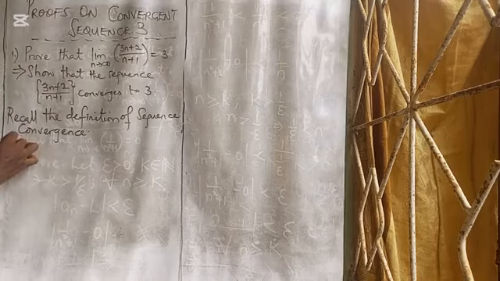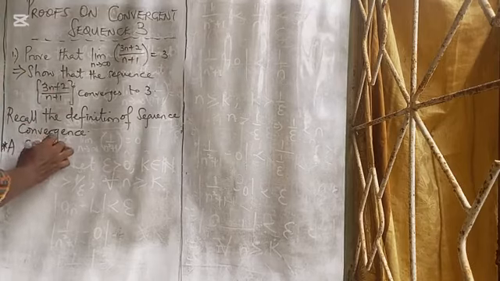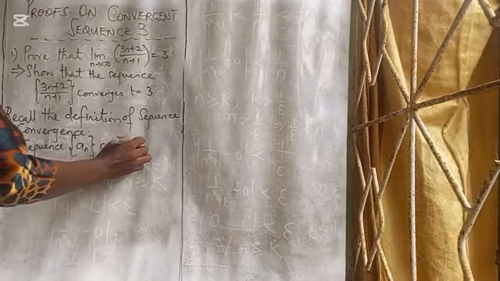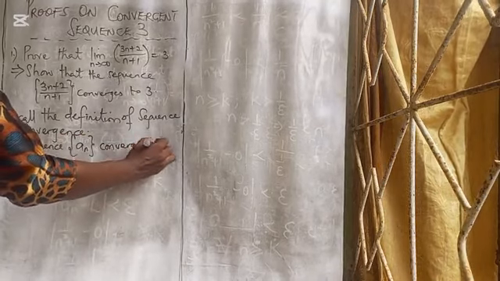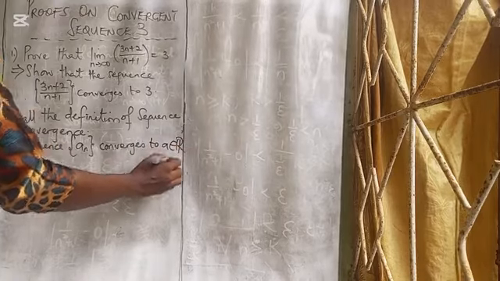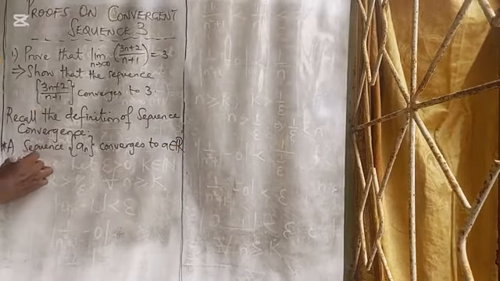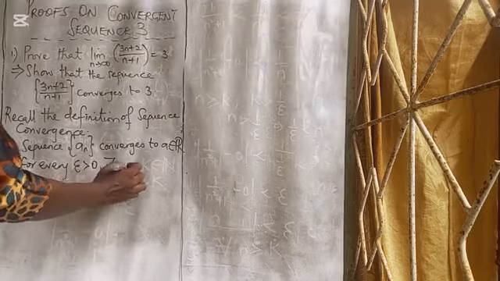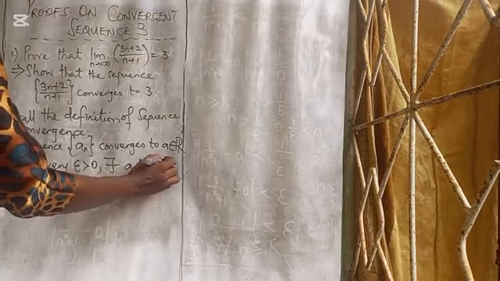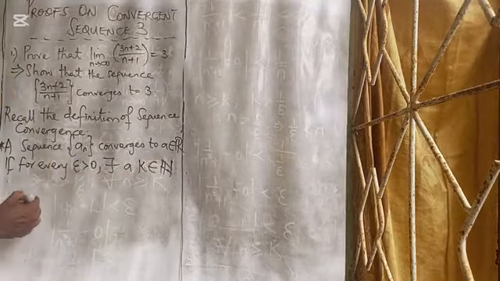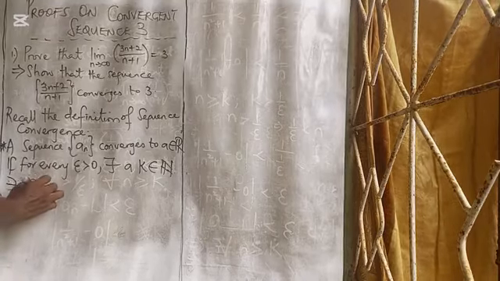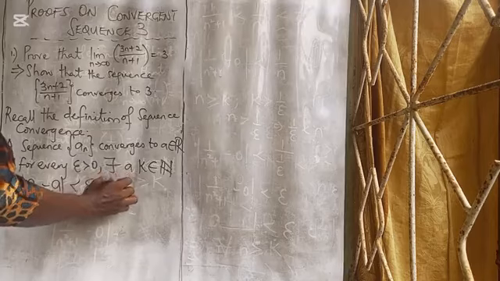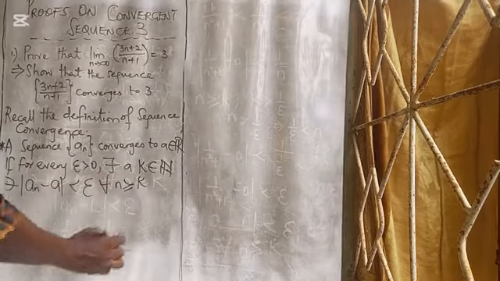The definition says a sequence a_n converges to a, an element of the set of real numbers, if for every epsilon greater than 0 there exists a k which belongs to the set of natural numbers such that what? The magnitude of a_n minus a is less than epsilon for all n greater than or equal to k.